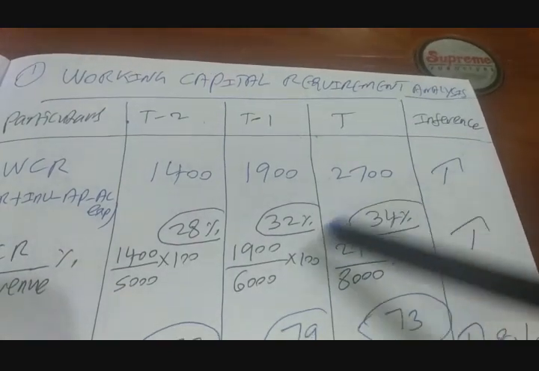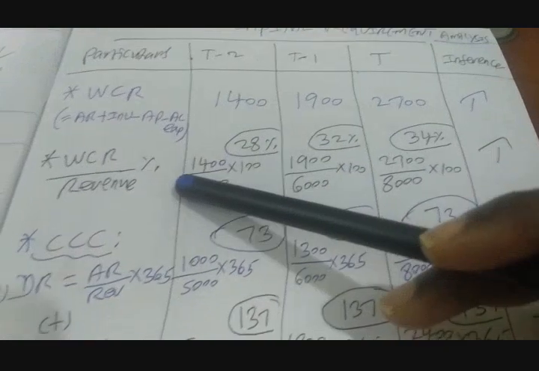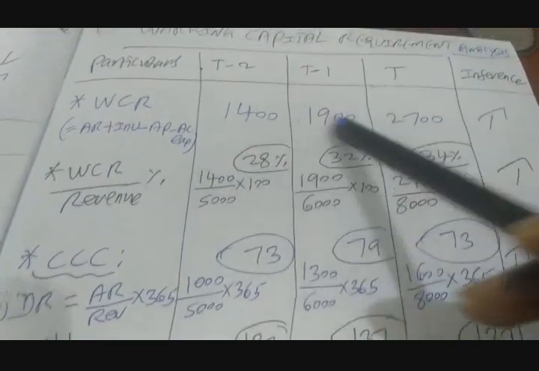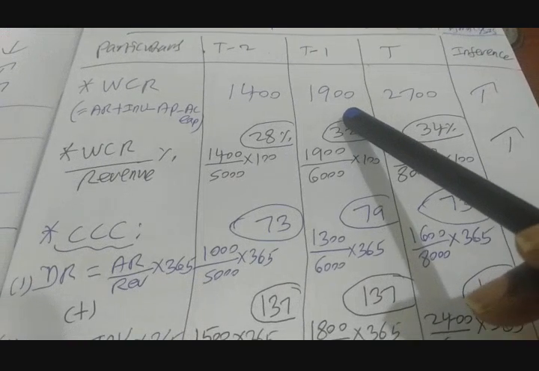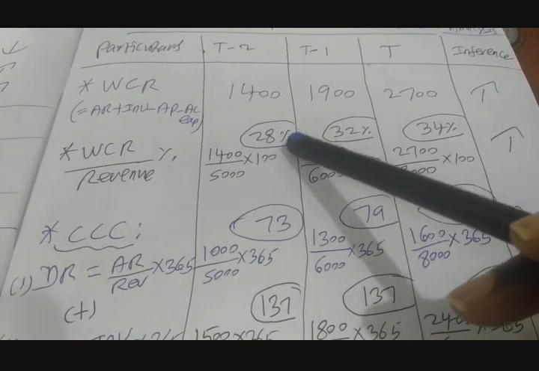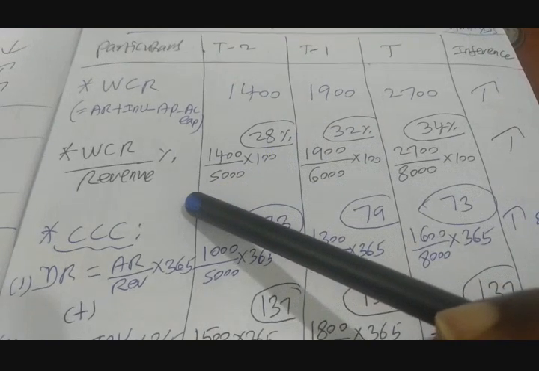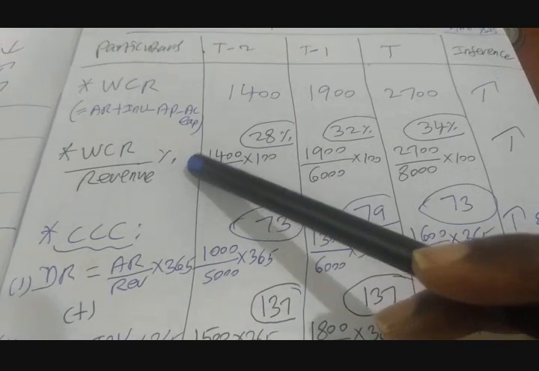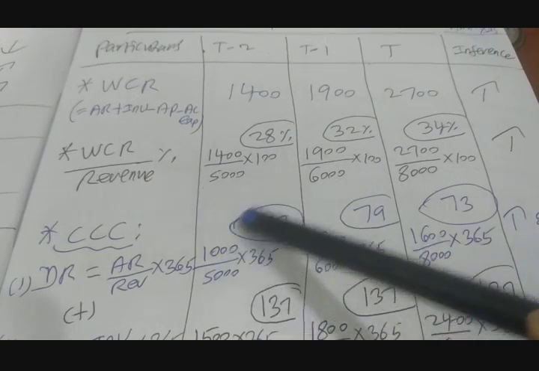company, right? So the next thing is we have to convert this number into a normalized number, because working capital requirement is in absolute terms. We can't make any conclusion or inference based on absolute numbers. So in finance we need some normalization. So we are going to make a ratio, namely working capital requirement by revenue, as a percentage.